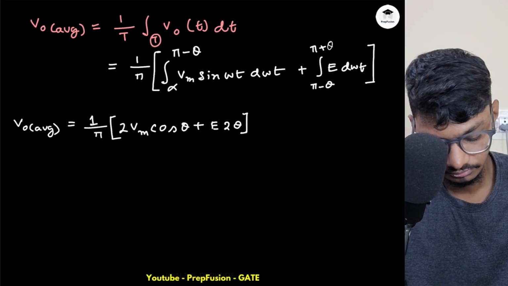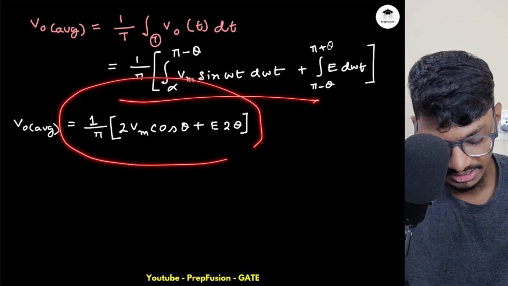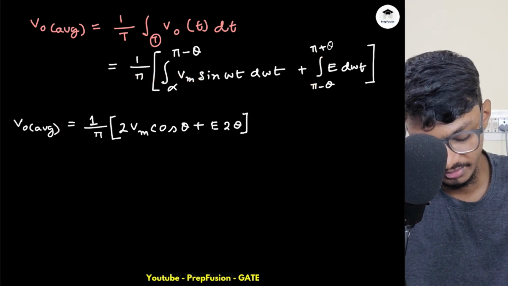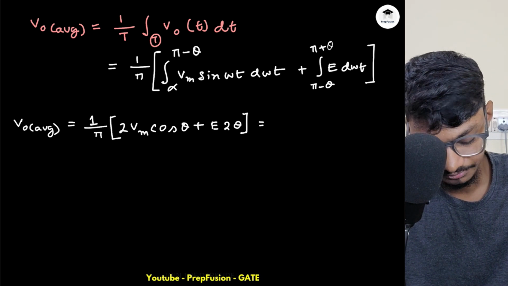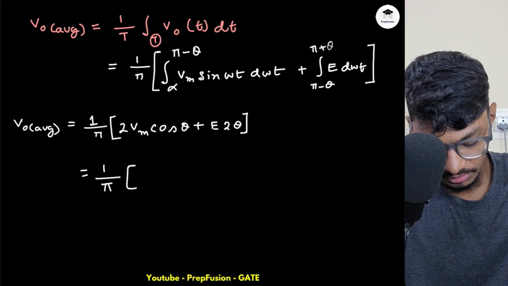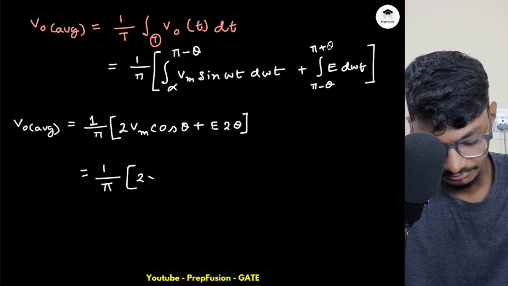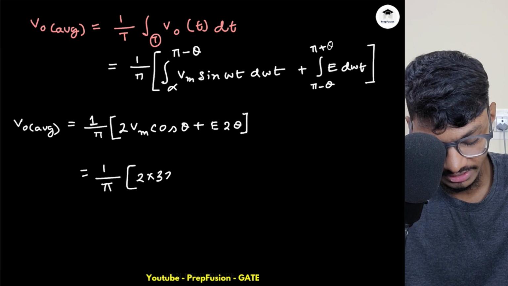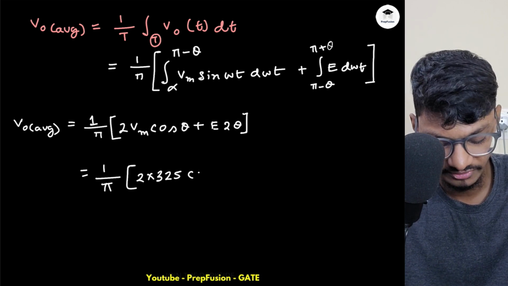So here, if I integrate this, I will get this as a result, because pi will get cancelled. And if we replace the values over here, this will be 1 by pi, 2 into Vm. What is Vm? Vm is 230 root 2, that is almost 325 volts.